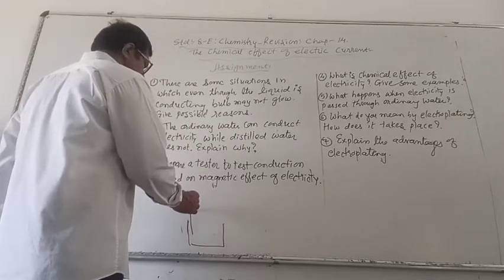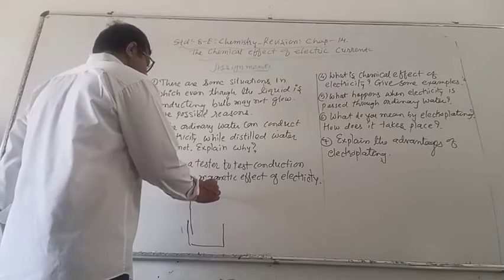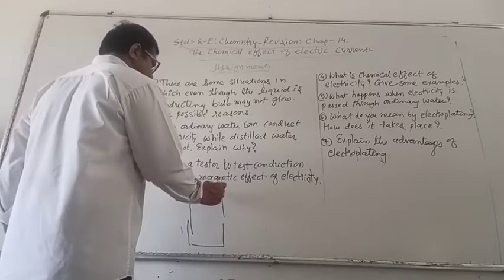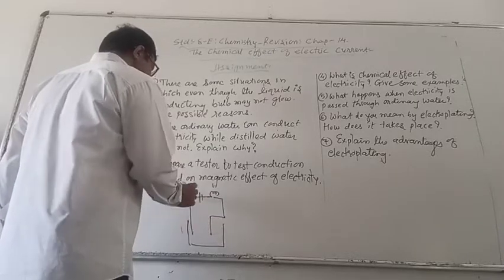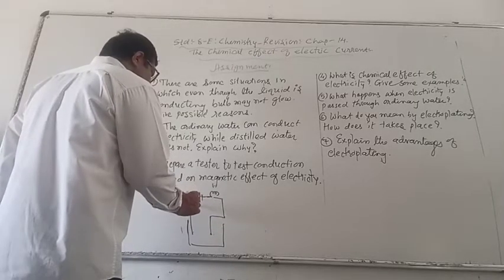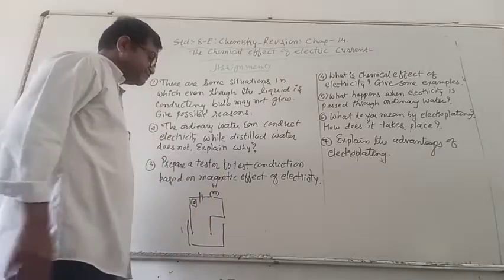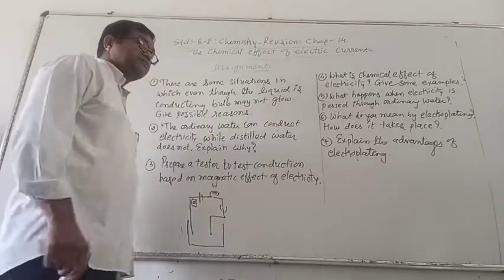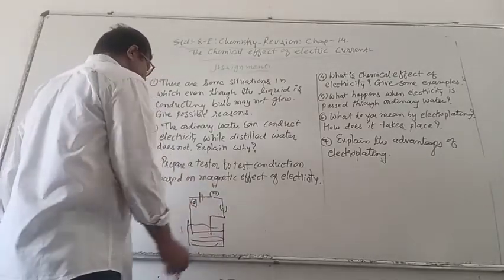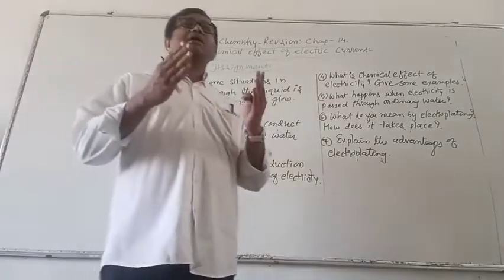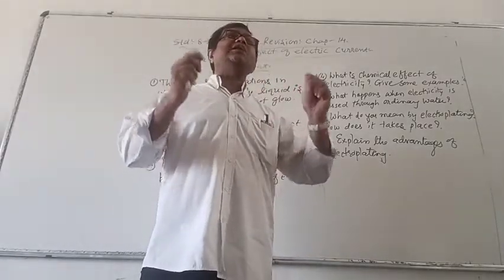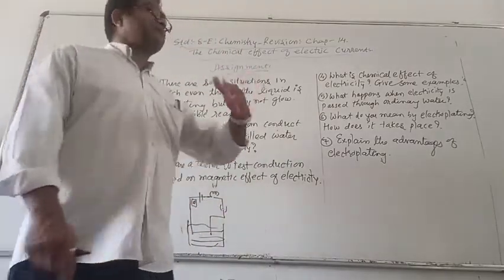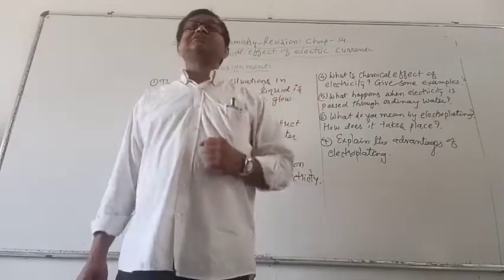We can use the battery and the bulb, and bring a magnetic compass here. When we put the key in, the current will pass through it. Doesn't matter if the current is very low, as soon as the current is passing through it, the magnetic needle will show deflection.